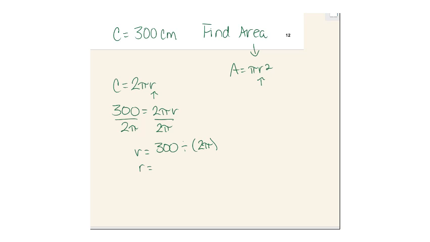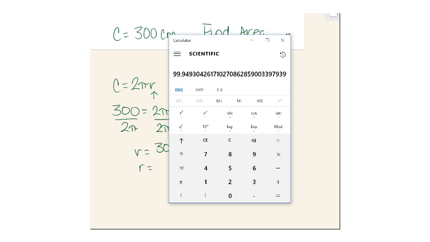So when we put this in our calculator, we're going to put in 300 divided by 2 pi in parentheses, and since I don't have parentheses on this one, I'm actually going to do 2 pi, hit enter, and I'll round that to 6.3.